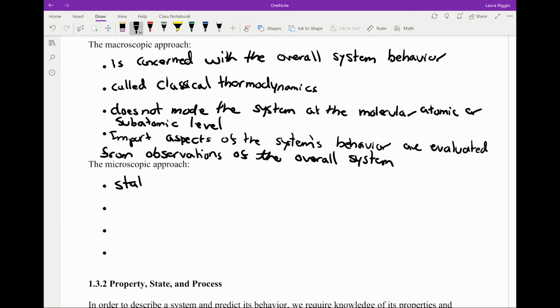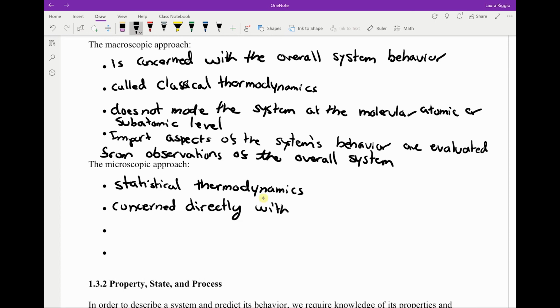The other approach is microscopic. It's called statistical thermodynamics. It's directly concerned with the structure of matter.